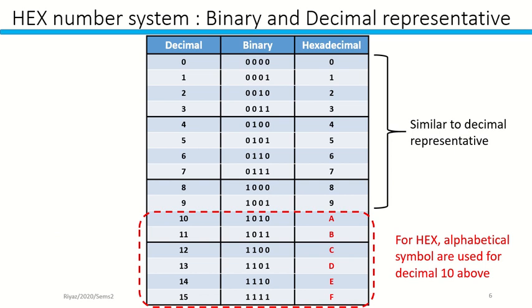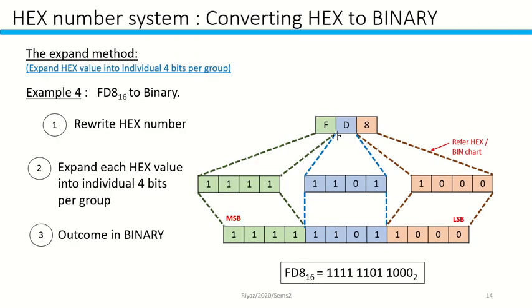You're going to have the situation for D is 1101 and F is 1111. Then just combine all of these groups into one single binary number and you're going to have this answer.